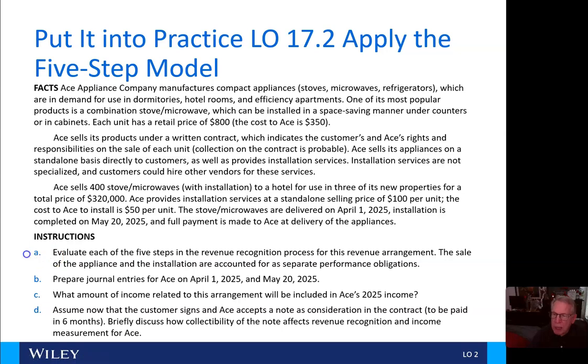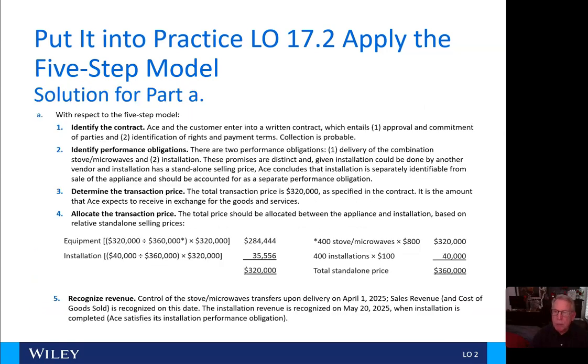Okay, Alpha. Evaluate each of the 5 steps in the recognition process for this revenue arrangement. The sale of the appliance and the installation are accounted for as separate performance obligations.